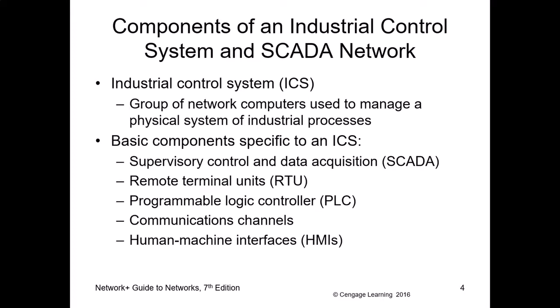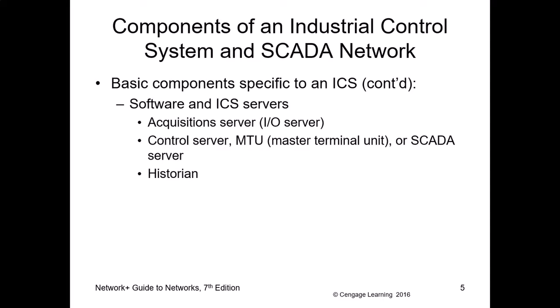The basic components of an ICS, which I also want you to write down, are the SCADA, which stands for Supervisory Control and Data Acquisition, the remote terminal units, the programmable logic controllers, the PLCs, the communication channels, and the human machine interfaces, the HMIs. Once you finish writing those down, the basic components of an ICS also include software and the ICS servers, which is very important.